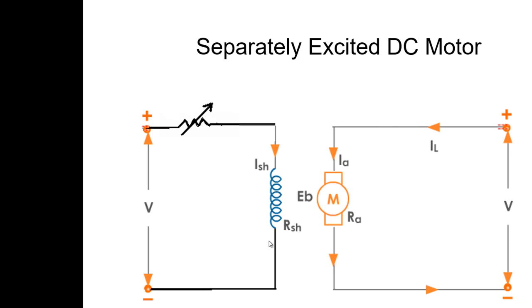Here we are giving the field a separate voltage, and we also need to give voltage to the armature, because this is a motor, so it will take the power and the output will be mechanical rotation. Here the two voltages are separate, hence it is called separately excited, as we are exciting the field coil separately with another source.